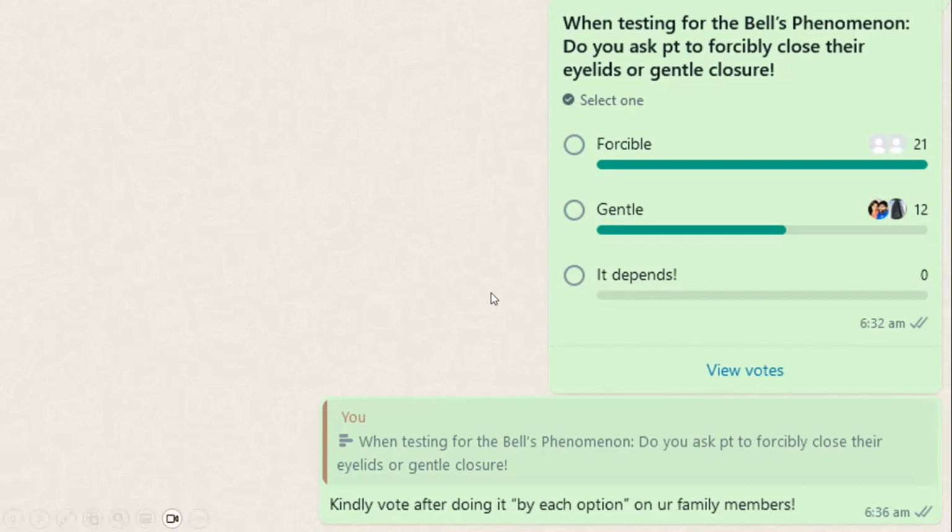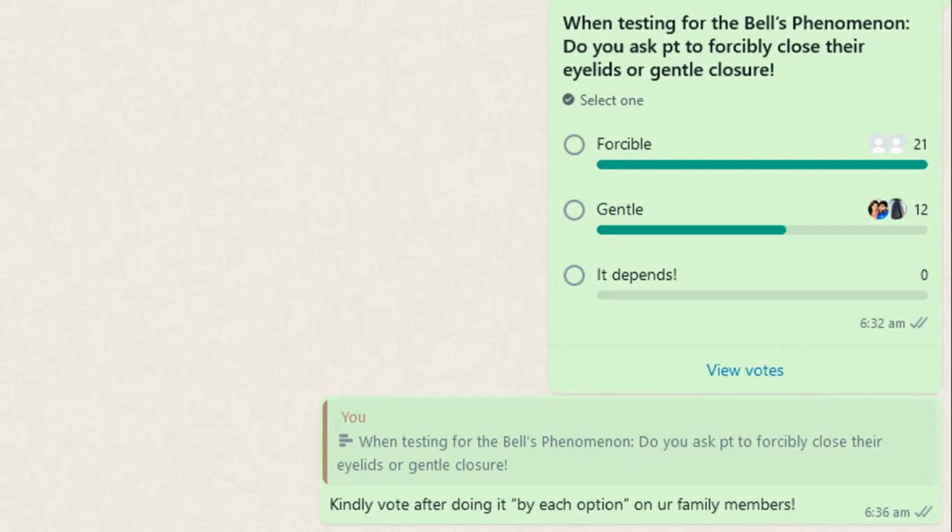Kindly vote after doing the testing of Bell's phenomena on your family members. I wonder if any of you did this, but anyway, because sometimes when you are doing a clinical technique on a patient, like a patient with, let's say, Bell's palsy, somehow it's different from testing it on a normal individual. And I will tell you why.